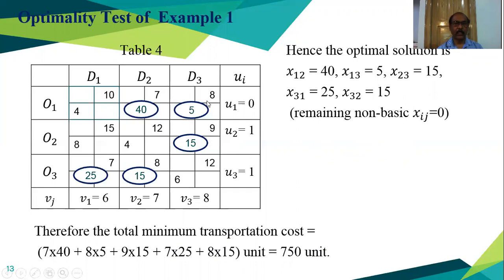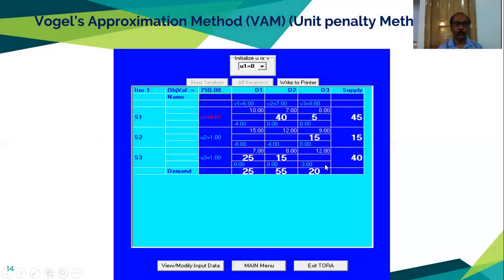Now we can check the solution with the help of software. That software is known as TORA software. See, and what is the value? 750 is the value, and these are the allocations according to the solution: 40, 5, 15, 25, and 15, and that cost is given as 750.